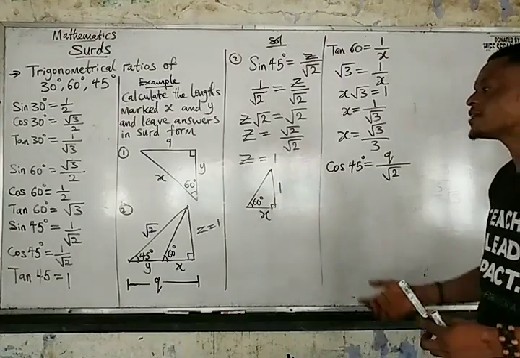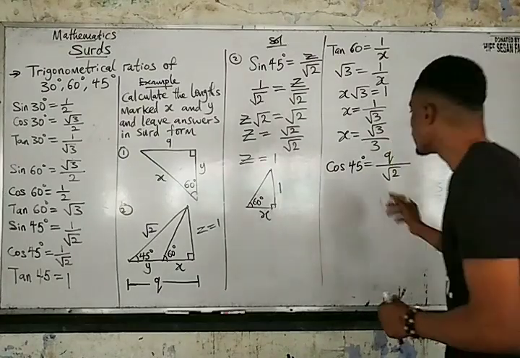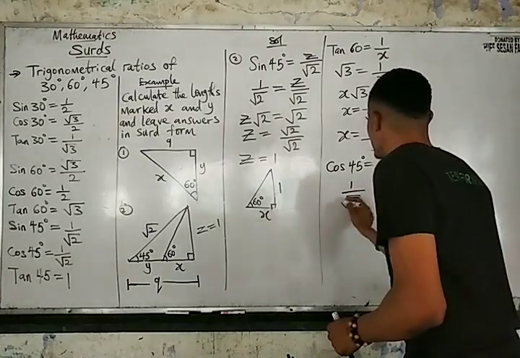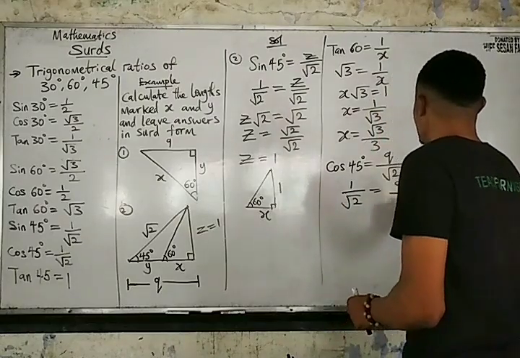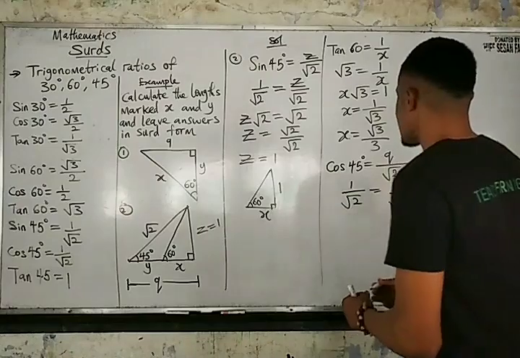And cos 45 will give us 1 all over root 2. So 1 over root 2 equals q all over root 2 again.